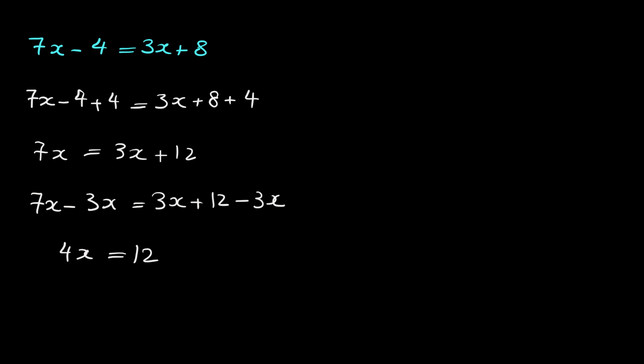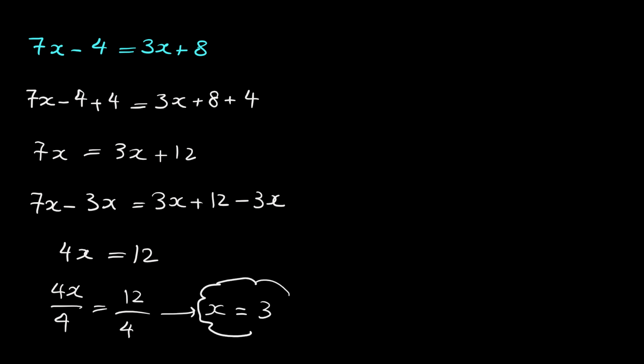Finally, for finding x, we divide both sides by 4. 4x over 4 is 12 over 4, and from here x is 3. Let me explain something to you here.